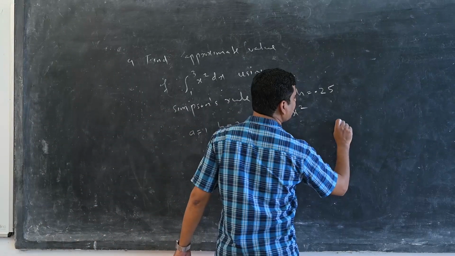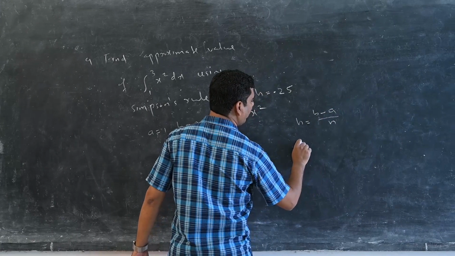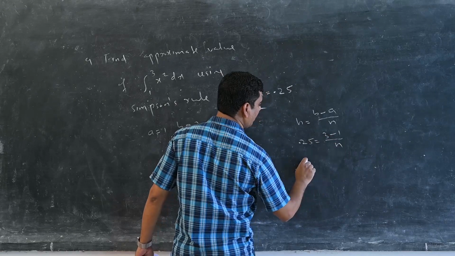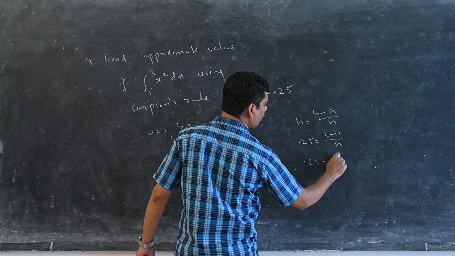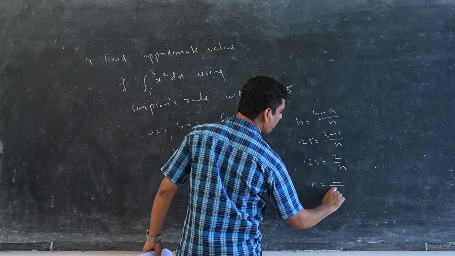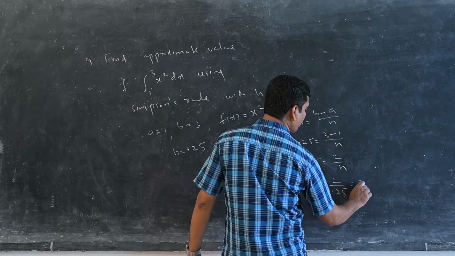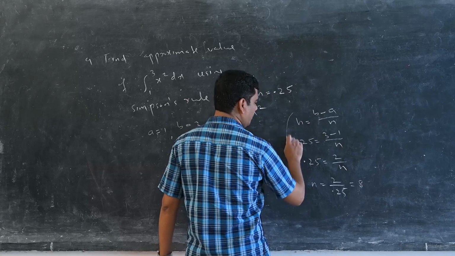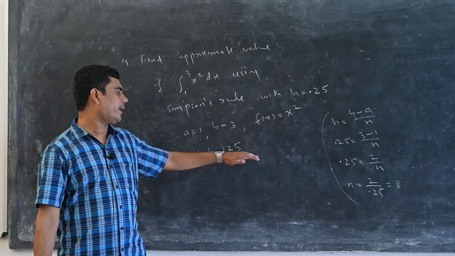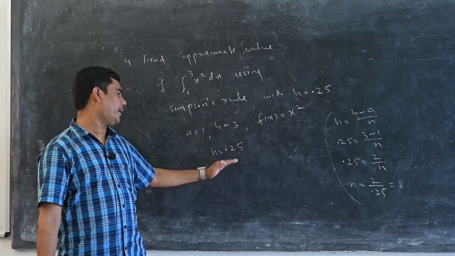H is b minus a divided by n. 0.25 is equal to 3 minus 1 divided by n. 0.25 is equal to 2 divided by n. So n is equal to 2 divided by 0.25, which is equal to 8. So with this h, n is equal to 8, that is the number of subintervals is 8.